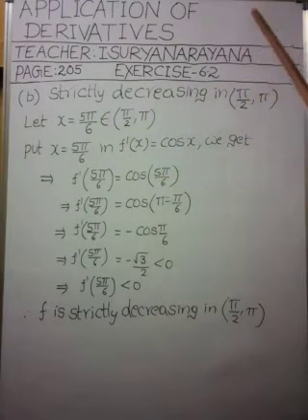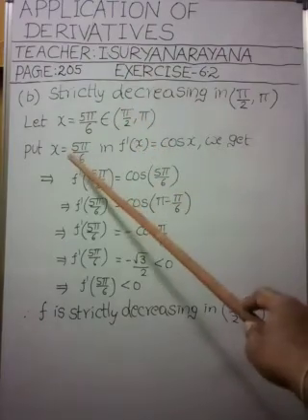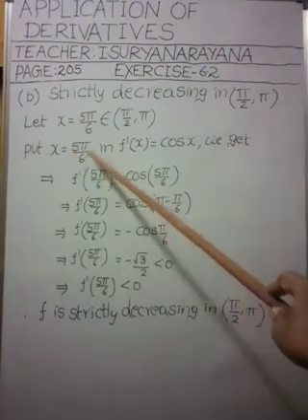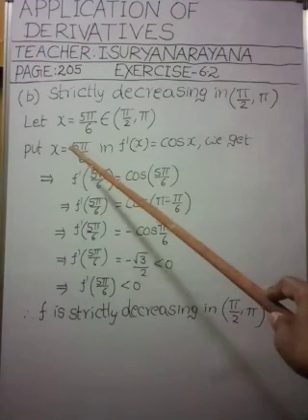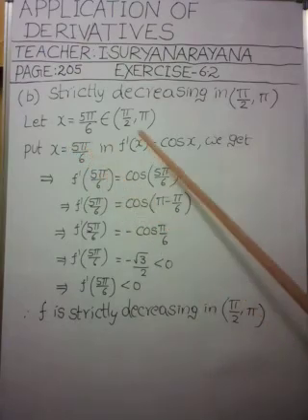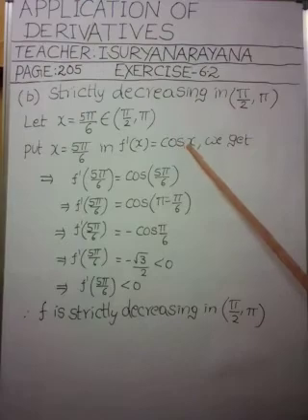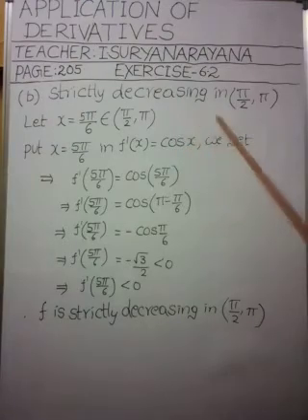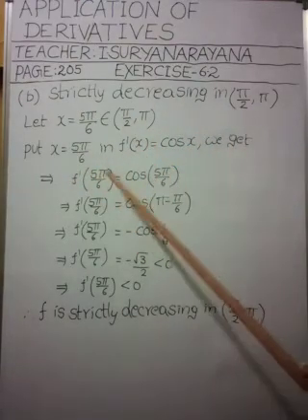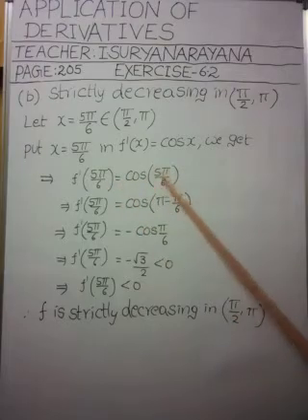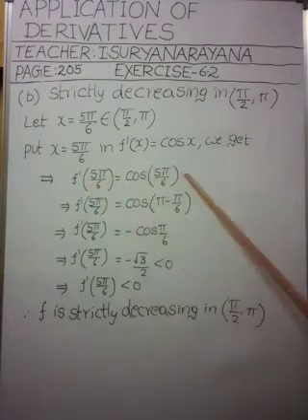Right. Now we substitute this number, whatever we have chosen, in f dash of x. What is f dash of x here? Cos x. We have already found it. Okay, my children. Then we get f dash of 5 pi by 6 is equal to cos 5 pi by 6. Understood this step, my children?